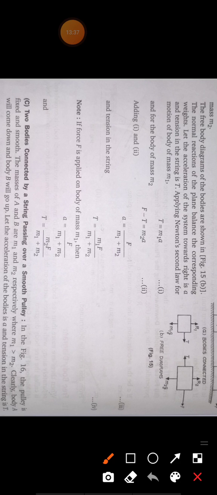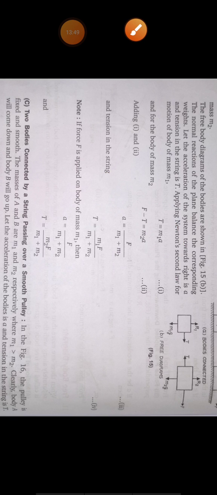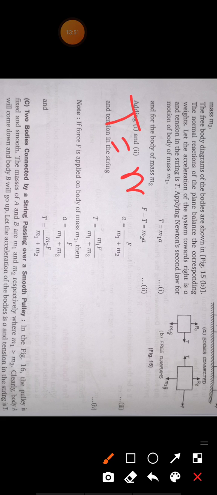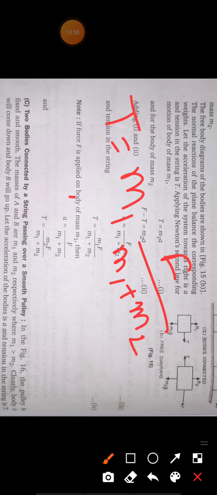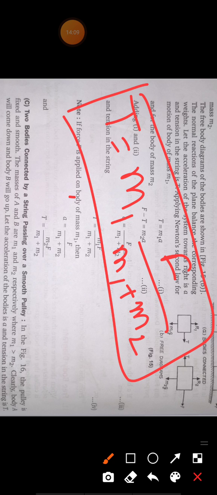Then the tension. From the first equation, T equals M1A. In place of A, if you put the value we just derived, F divided by M1 plus M2, then T equals M1F divided by M1 plus M2.